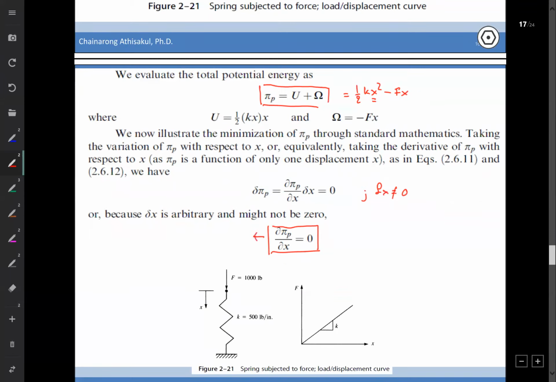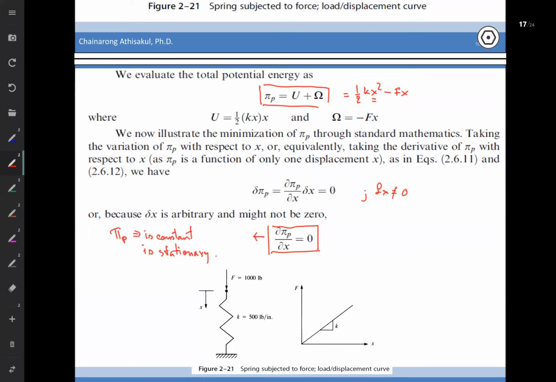From this equation, what does it mean? It means that the function pi is constant, or it is stationary.